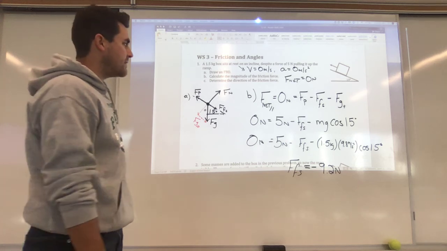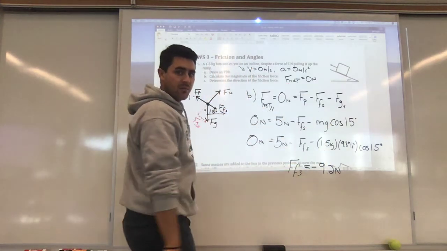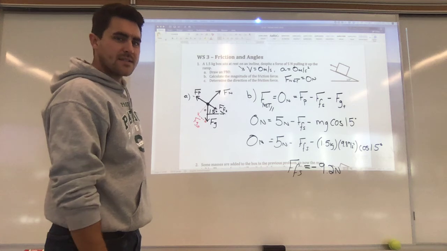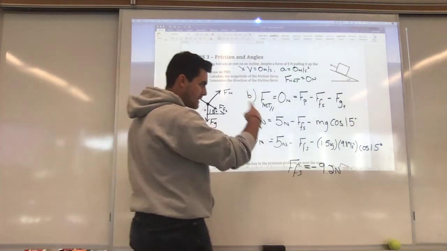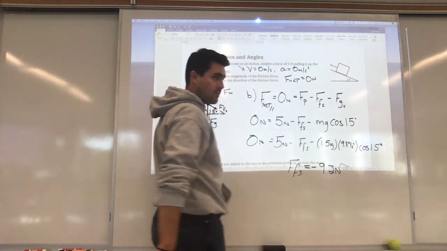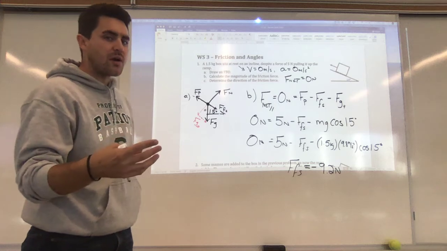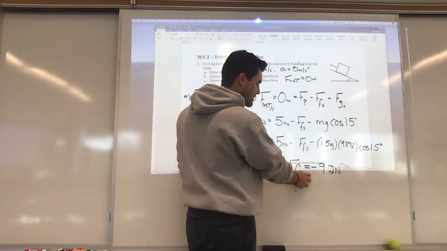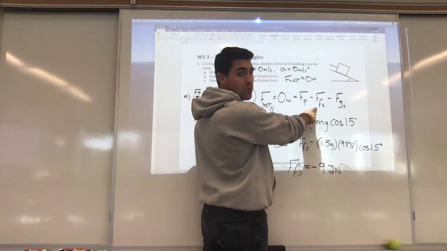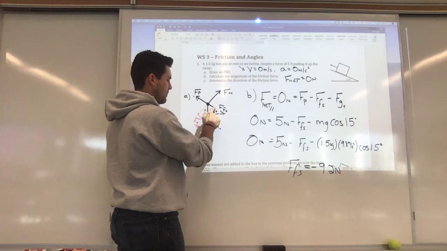Well, the negative came from us saying that force of friction was down the ramp. By us saying that, we were predicting its direction. When the answer comes out as a negative number, what we say to ourselves is, oh, it's in the opposite direction than we thought it was. When the answer comes out negative, what that tells us is that we guessed wrong. The force of friction isn't down the ramp.